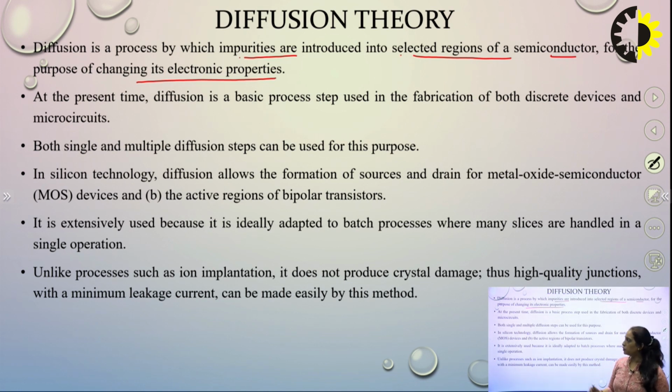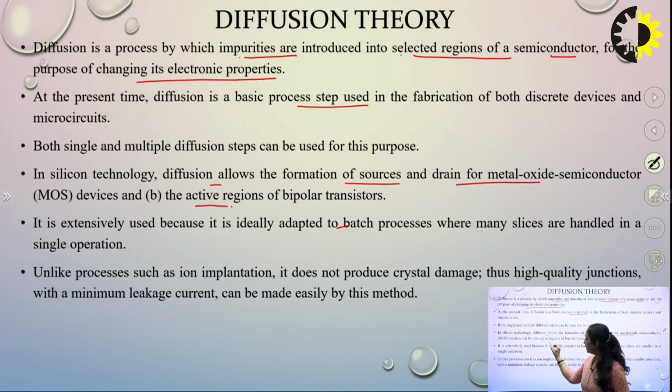At present, diffusion is the basic process step used for the fabrication of both discrete devices as well as microcircuits, and both single and multiple diffusion steps can be used for this purpose. In silicon technology, diffusion allows the formation of source and drain for the MOS devices, and secondly, it can be used for the designing of active areas in BJTs.